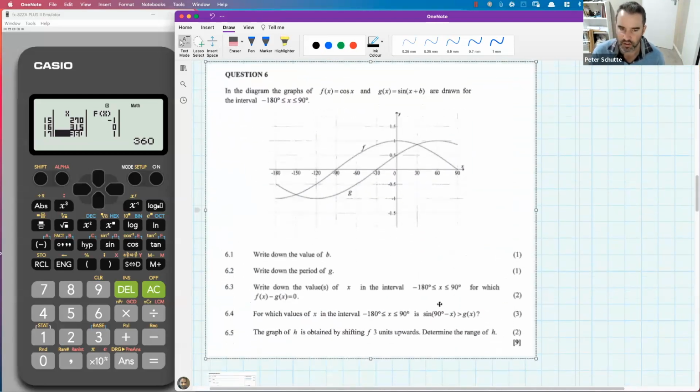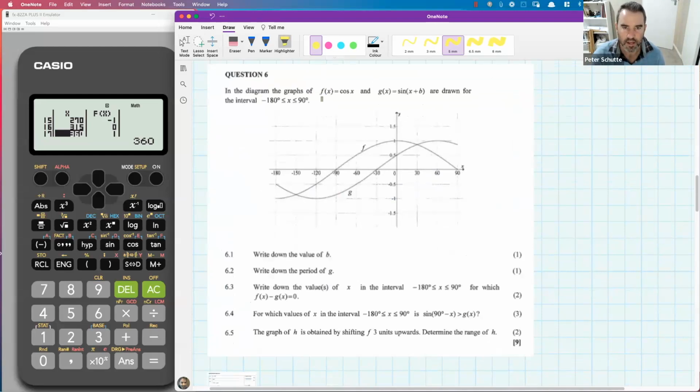So in this old exam question, it says we've got the graphs f of x, which is cos x, and so that is this one over here. And you've also got g of x, which is this one, and it goes like this.